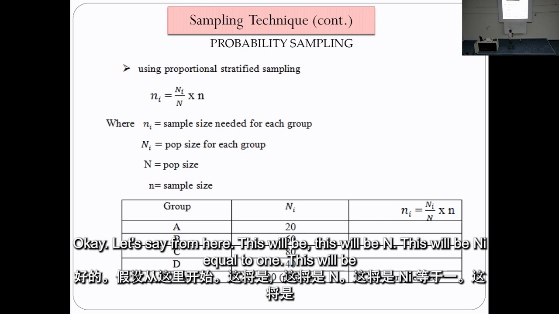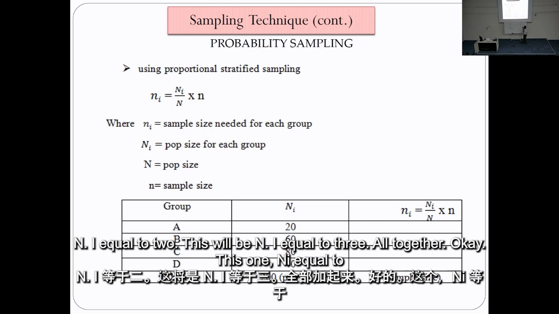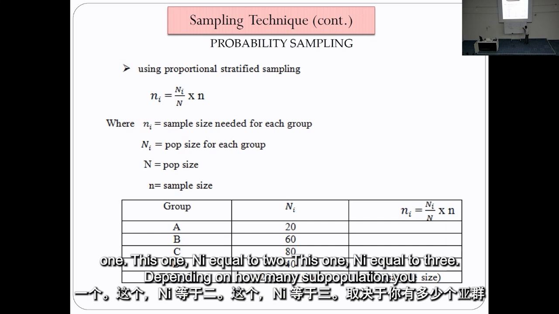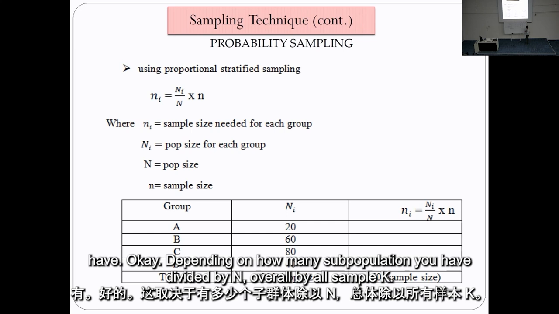Let's say from here, this will be n, i equal to 1, i equal to 2, i equal to 3, depending on how many subpopulations you have, divided by n, overall by all sample.